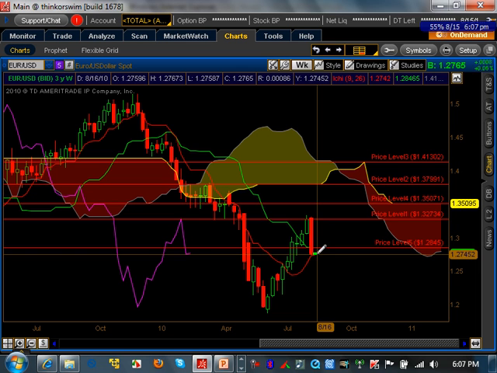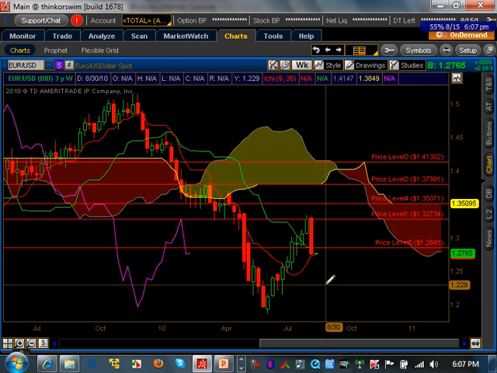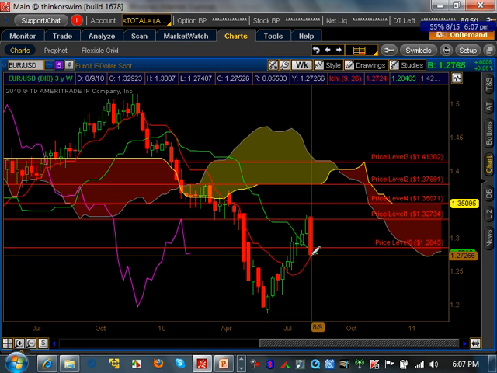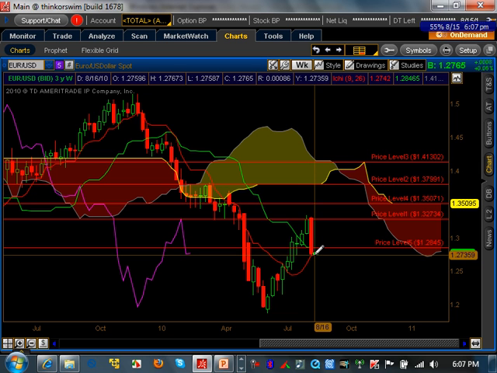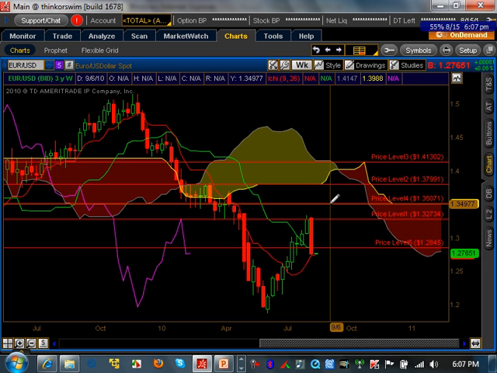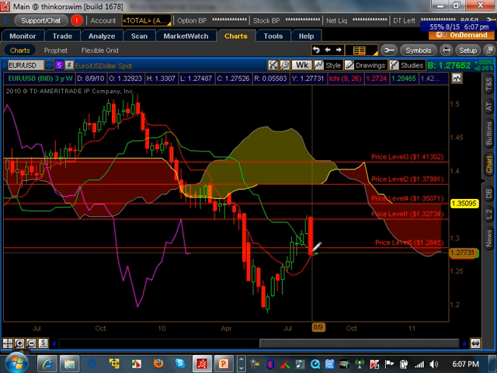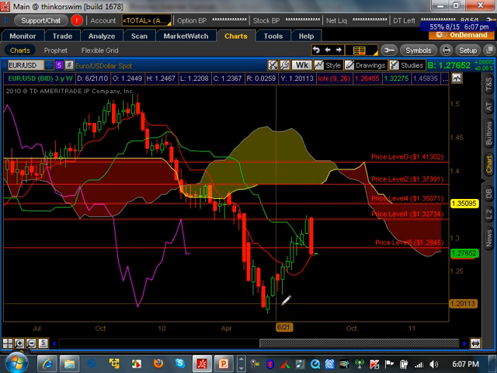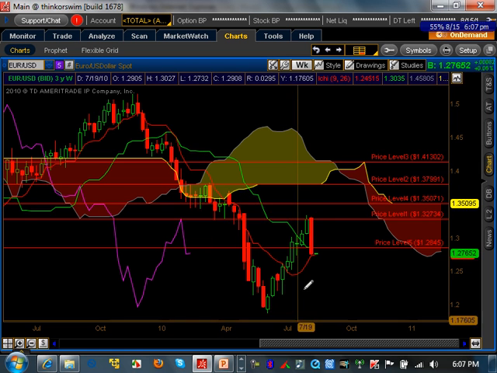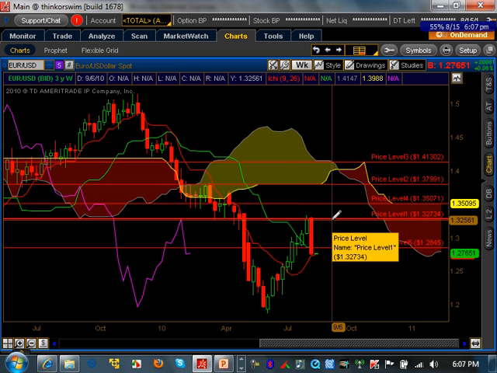So a word of caution, because we're right at the Tenkan-sen. We're at a major support level right now, so it could go either way. This could be a minor pullback to keep going higher, or this could be the start of a trend continuation to the bearish side. We really don't know on the weekly time frame.